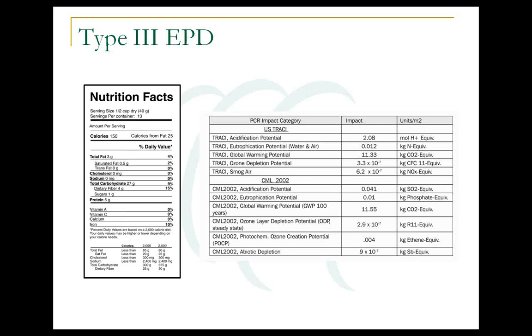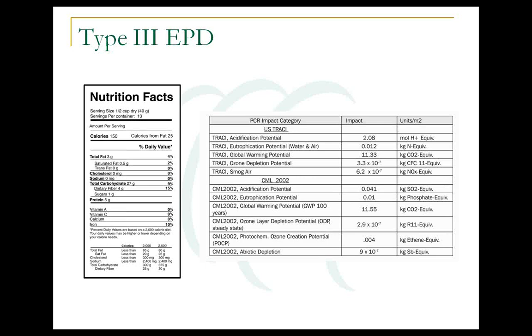So here's the comparison. On the left, you'll see nutrition facts for food, basically laying out things like calories and fat and total carbohydrates. On the right, you see a table that lists the environmental impacts for a product.